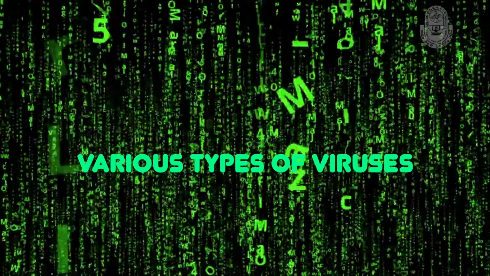Various types of viruses. Parasitic viruses or file viruses are code fragments that reproduce by attaching themselves to executable files.